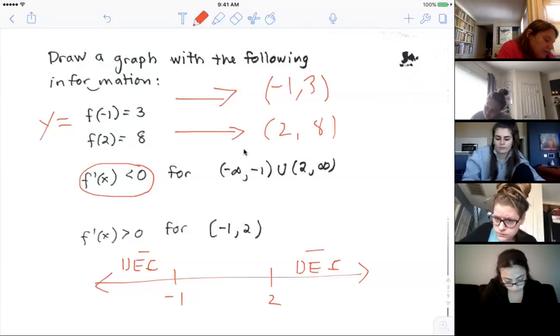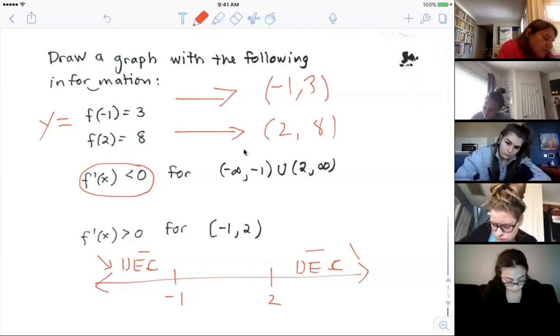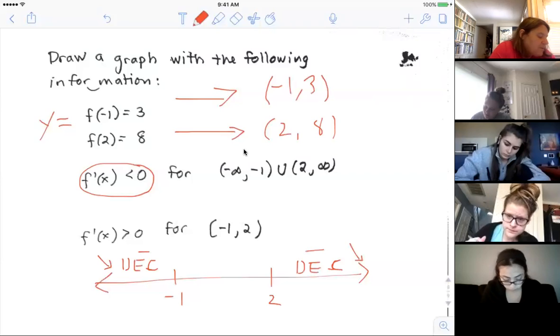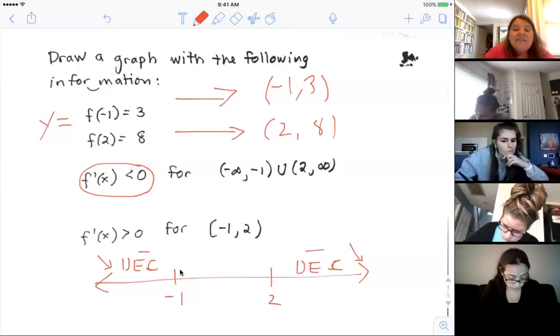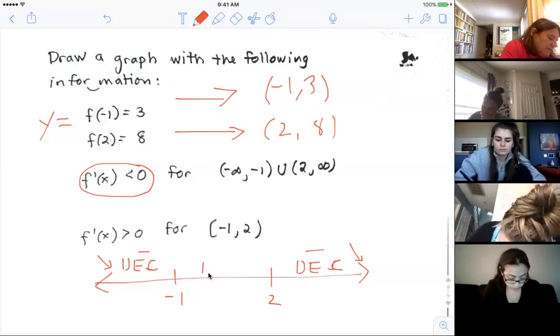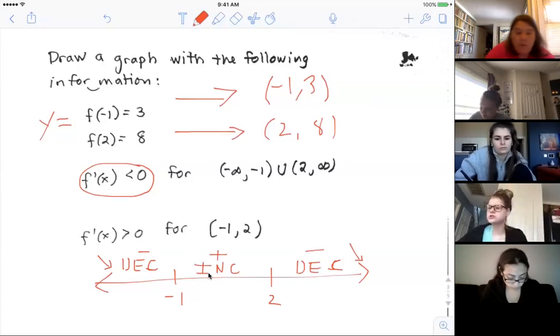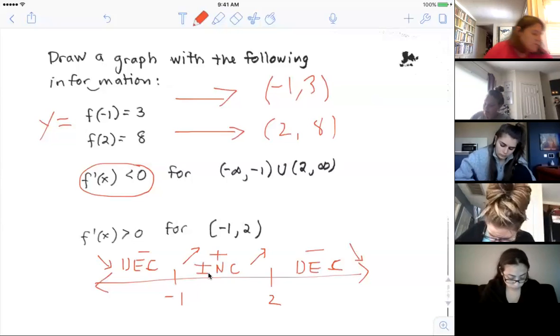Anyway, so it's going down, it's going down. Now, between -1 and 2, it says the derivative is positive. Well, if the derivative is positive, we know the thing is increasing, okay? So I'm going to have increasing and a positive derivative, so it's going up. Anywhere in between -1 and 2, it's going up, okay?